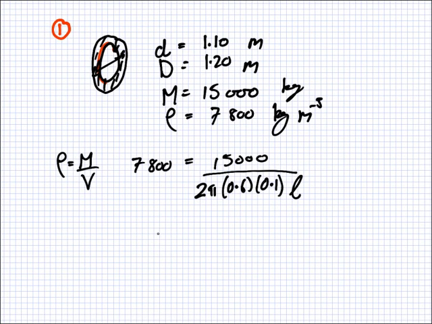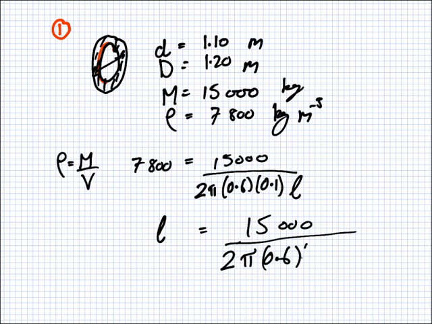If you can take out your calculator, we just need to type in 7800. L equals 15000 over 2 pi, 0.6, 0.1, 7800. And what do we get there?